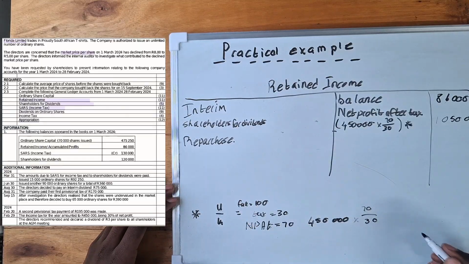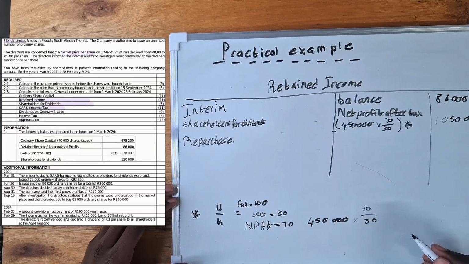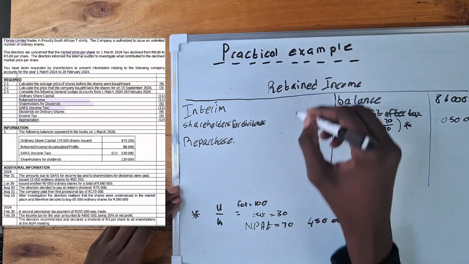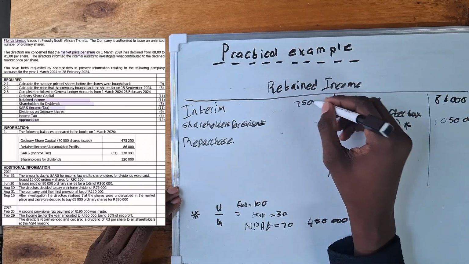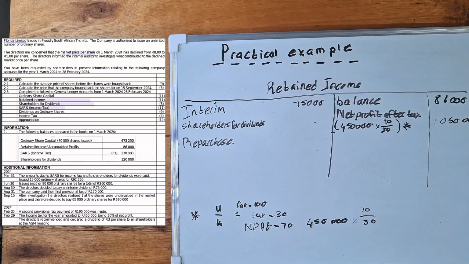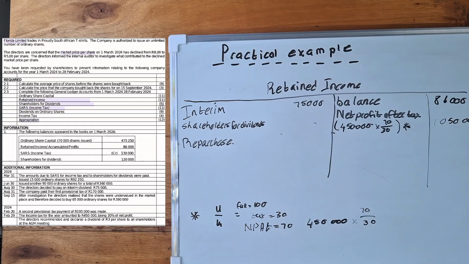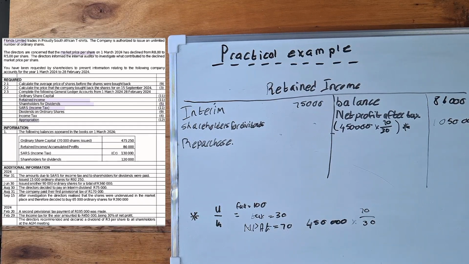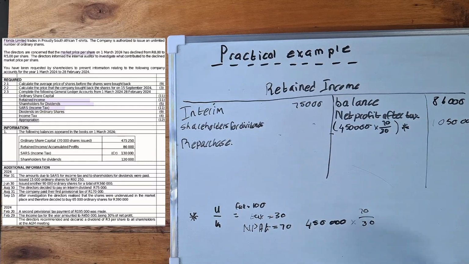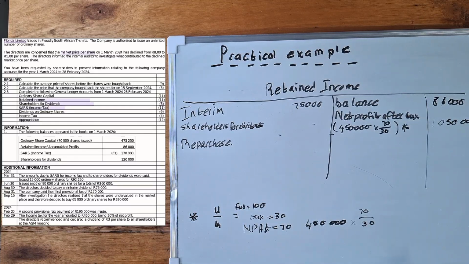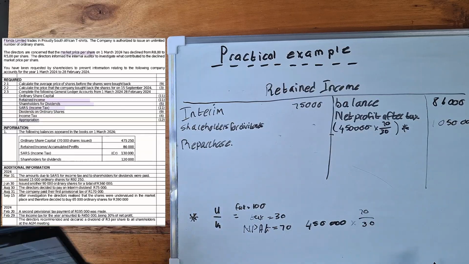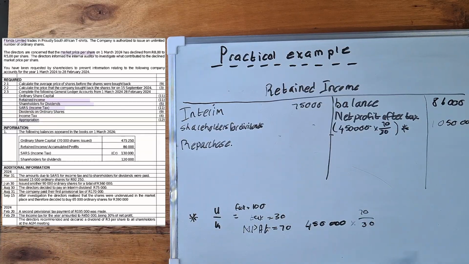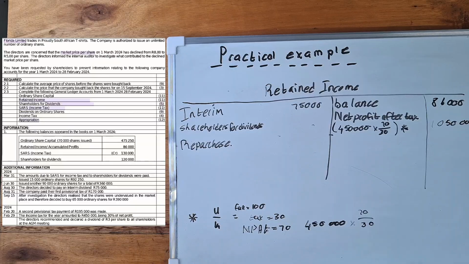So here, our interim is given, it is 75,000. If you refer to the 30th of August, you will see that the interim is given and it is 75,000, right? Then here I want you to pay attention to the date on the 29th of February, the last one.